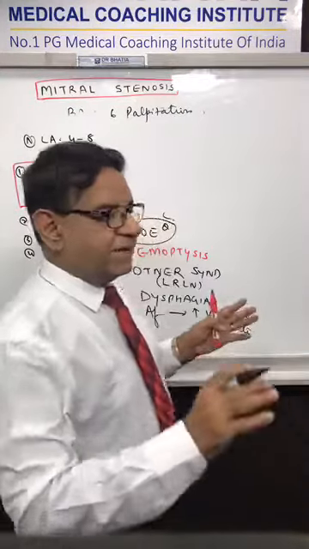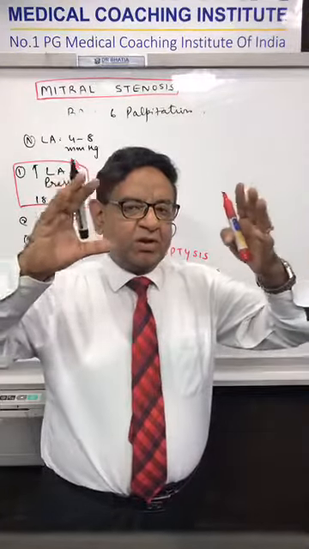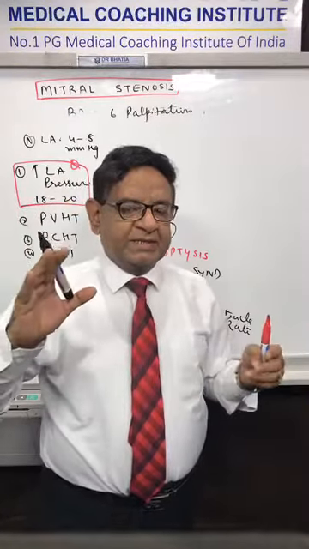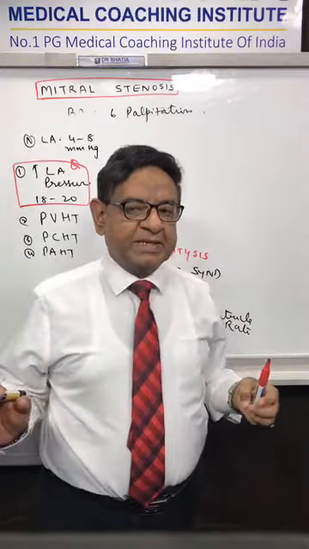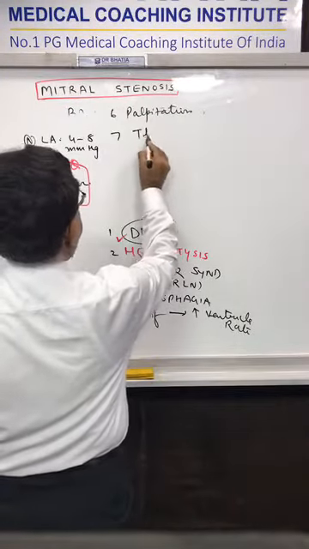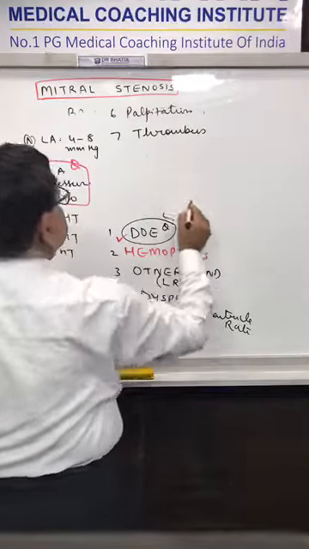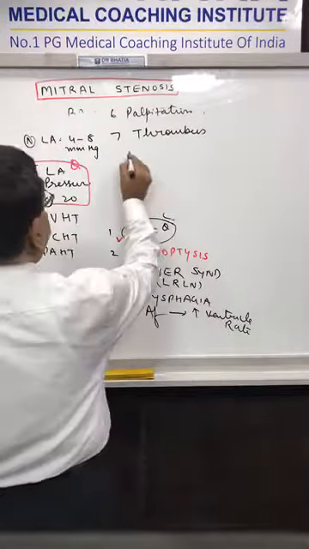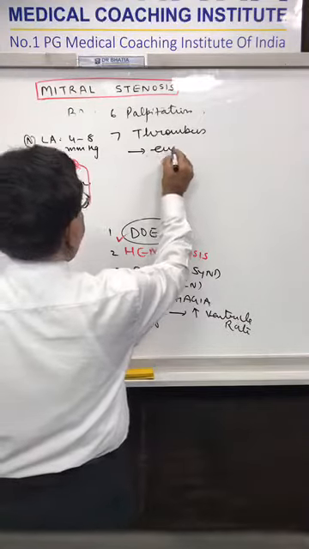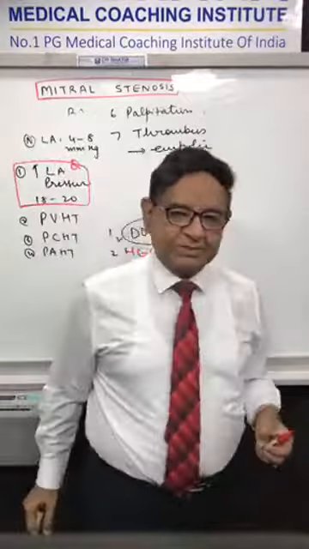When atrial fibrillation occurs, the atria are not contracting, and that leads to stasis of blood in the atria. That leads to thrombus formation in the atria, which can go into embolic phenomena, which can lead to thromboembolism.